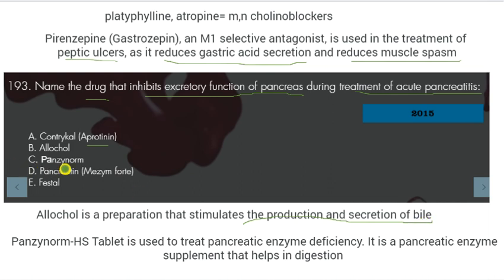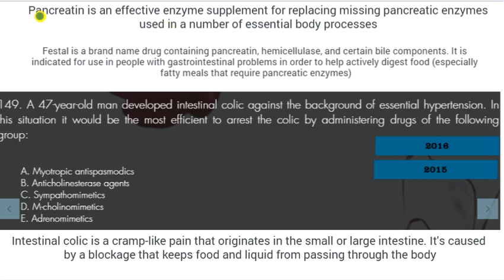Then Panzinorm is a tablet used to treat pancreatic enzyme deficiency. It is a pancreatic enzyme supplement that helps in digestion. Pancreatin also contains the pancreatic enzymes. Festal also contains pancreatic enzymes. Pancreatin is an effective enzyme supplement for replacing missing pancreatic enzymes used in a number of essential body processes.